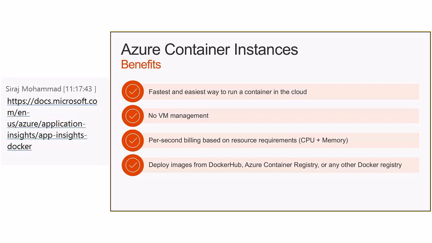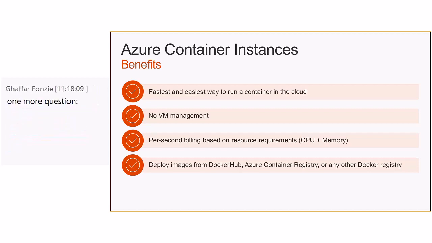There is no VM management. We don't see a VM underneath it. Okay. You are charged per second in terms of billing, and we will see the billing in the Azure calculator.